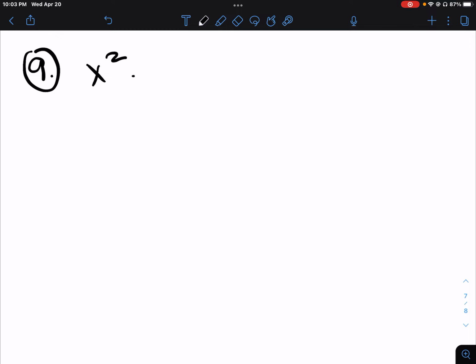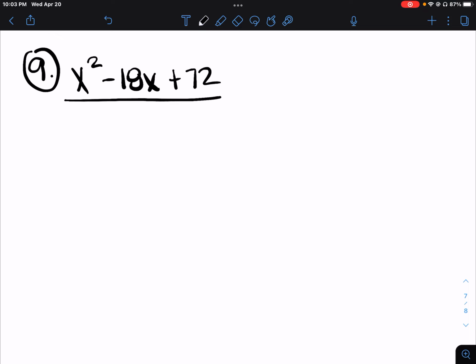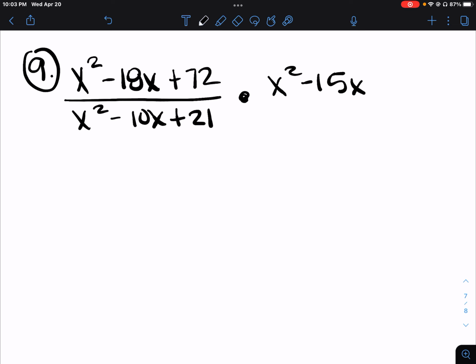Okay, number 9 is asking us to multiply. Oh, this is not going to fit. Okay, all of these things are going to need to be factored.